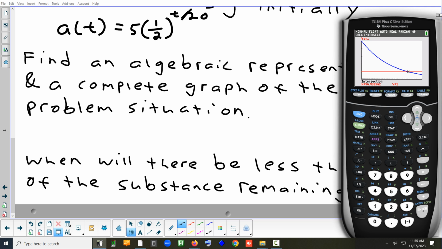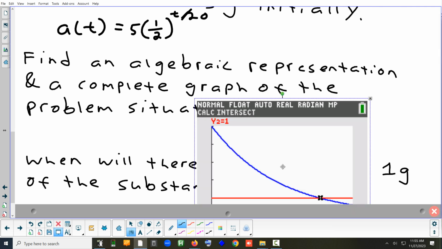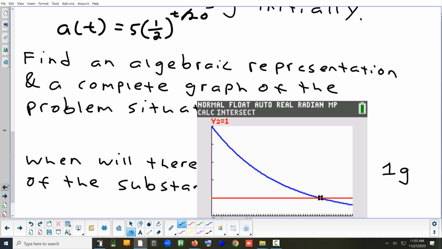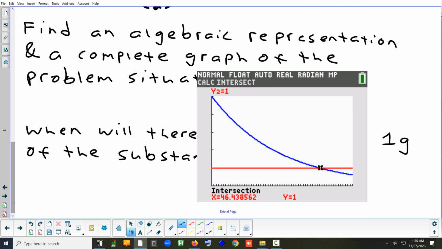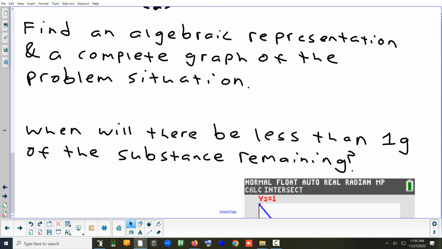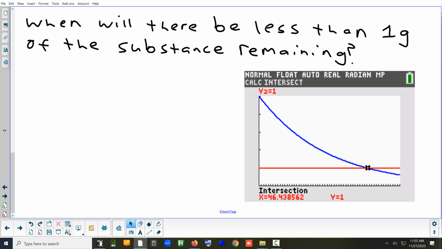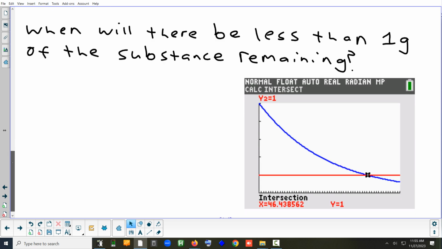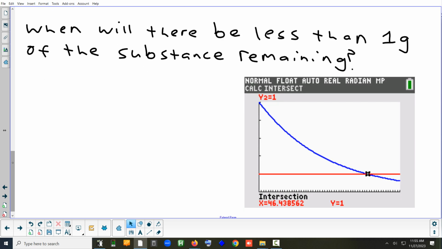Now you've got to be careful because that's not the answer. The question is not when do you hit exactly 1 gram. The question is when do you have less than 1 gram. Can we just do less than 46 days? So you think if we go less than 46 days, we'll have less than 1 gram?